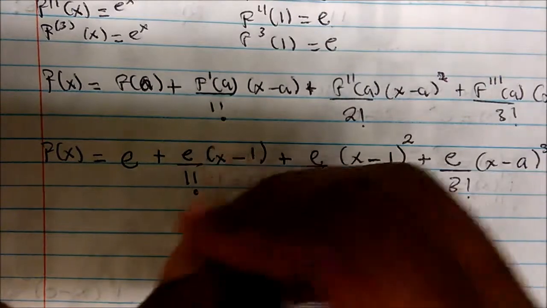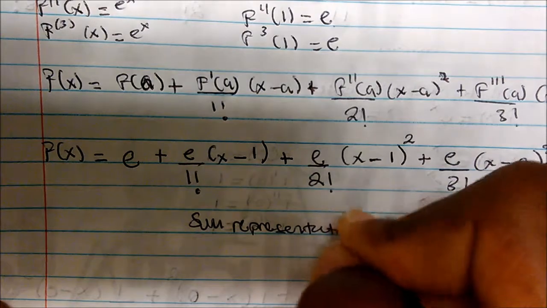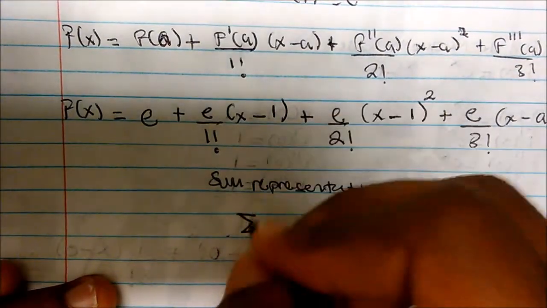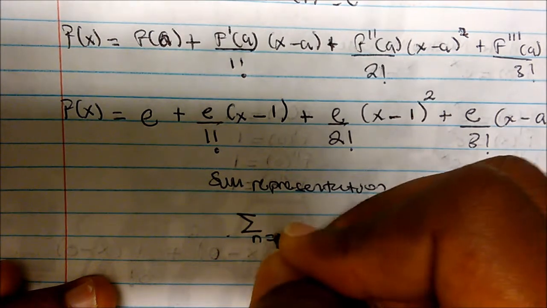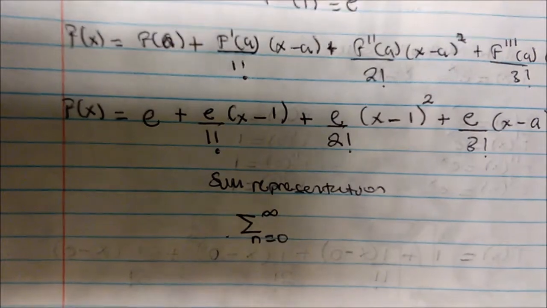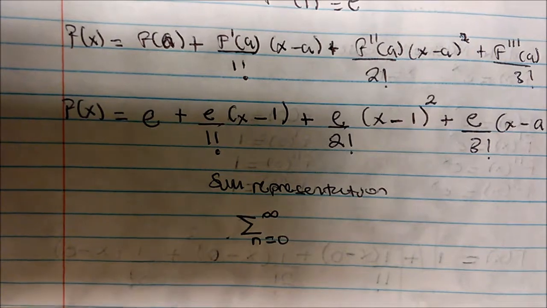So as a sum representation, what it looks to me is that I have a sum where n is equal to 0 to positive infinity. Well, what is my first term?